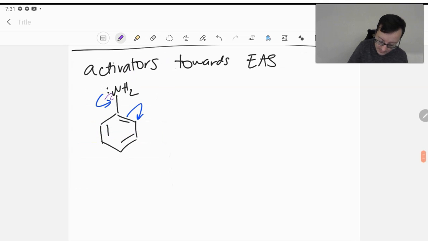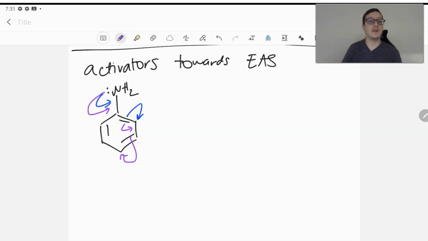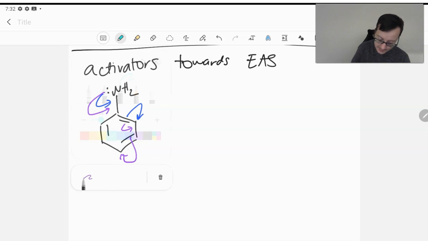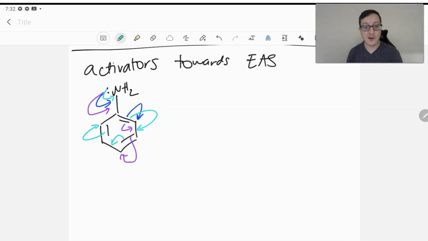If we do the same thing with purple arrows, we can put the electron density at the para position. Or if we take a look at these teal ones, oh my goodness, what a mess. We're going to end up with electron density on that other ortho position.